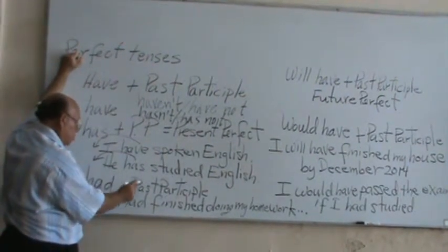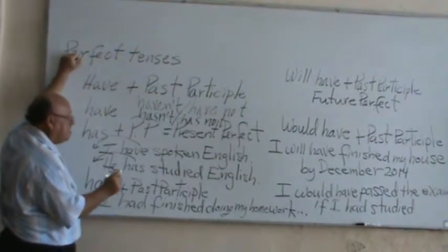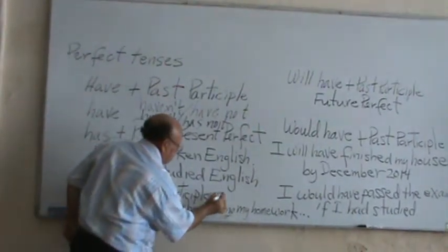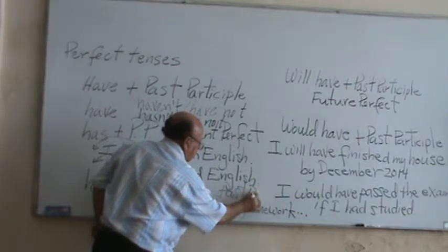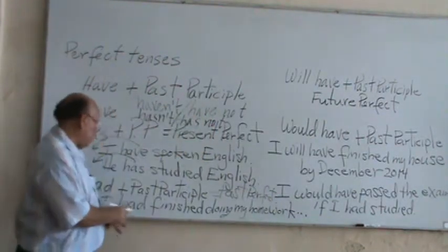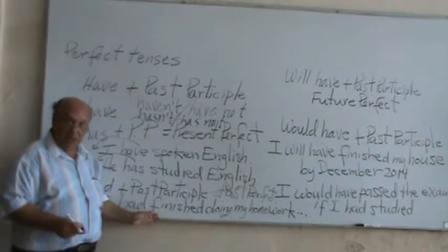Okay? So, let's continue with the had plus past participle combination. Had plus past participle is for the past perfect. Past perfect in English.